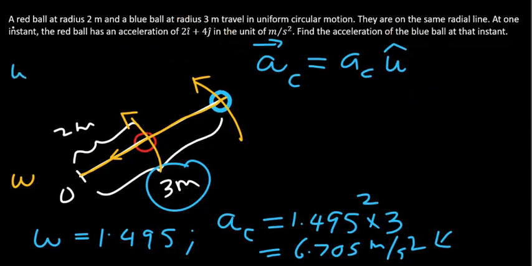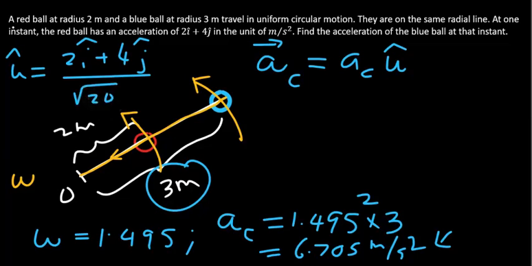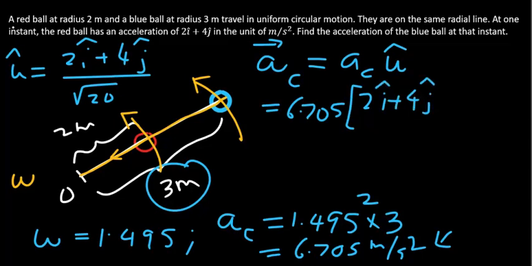So that means u hat equals the vector in question, in this case 2i hat plus 4j hat, over the magnitude of that vector, which is square root 20. So there we have it. The complete vector expression for the centripetal acceleration of the blue ball is given by 6.705 times 2i hat plus 4j hat over square root 20.